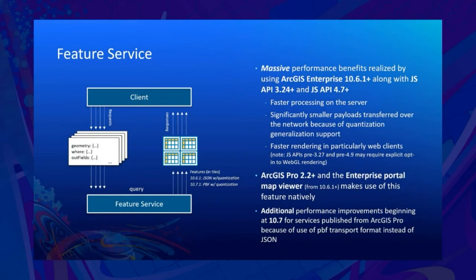If that kind of demo doesn't convince you to use feature services more or potentially upgrade if you aren't already on one of these versions of ArcGIS Enterprise, I don't know what will. It really is one of the biggest leaps forward in terms of performance that we've had in many years for this kind of service.